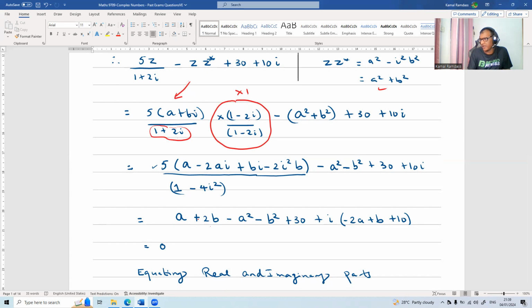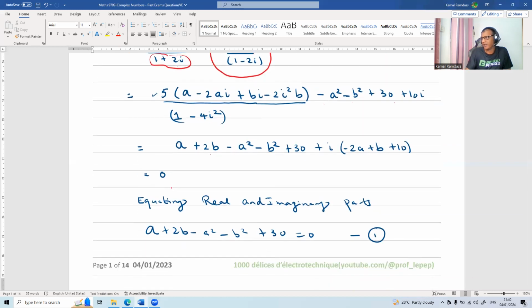Et ici, maintenant, a minus 2ai, et minus 2i ici, plus bi, multiplied by 1 minus 2i square b, ici vous avez minus a square minus b square plus 30 plus 10i.